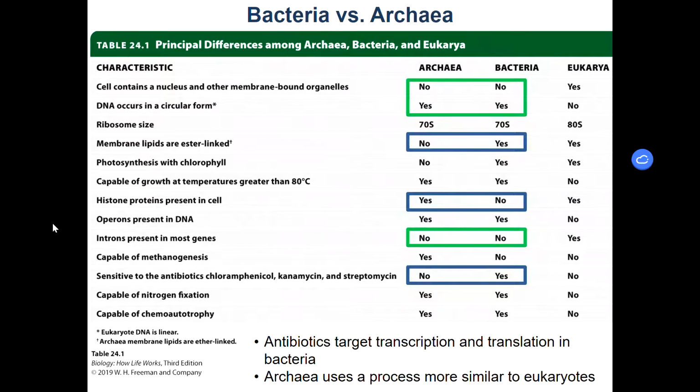One thing that's really important to know about these two groups of organisms is that while bacteria are sensitive to antibiotics, archaea are not. So if you have an infection from an organism that is in the group archaea, you cannot take antibiotics, because antibiotics target transcription and translation in bacteria.